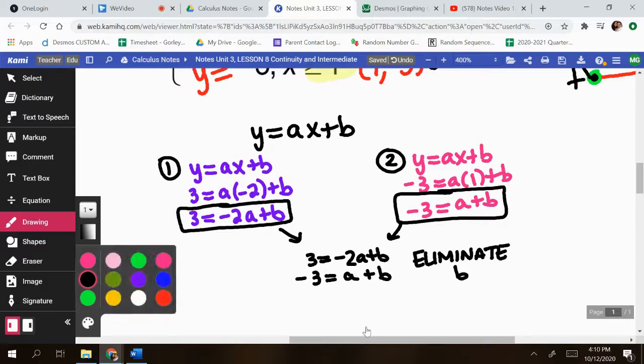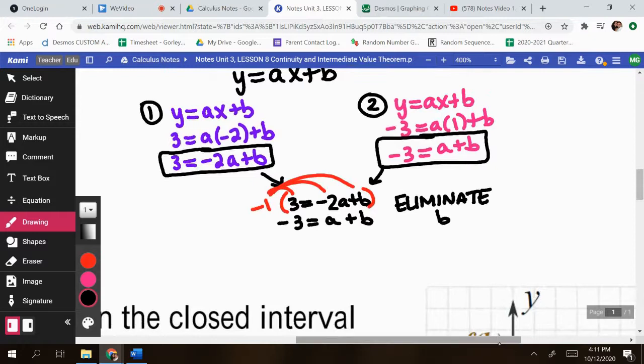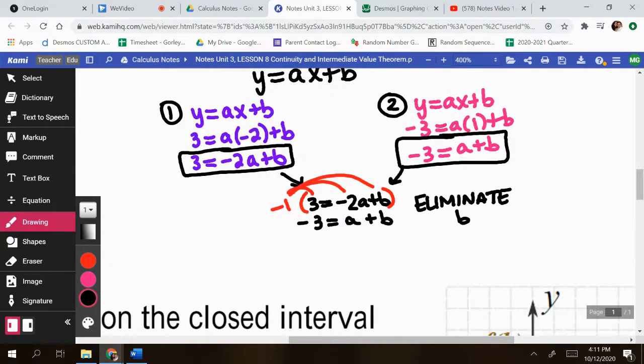All I'm going to have to do is multiply one of these equations by negative 1. Let's go ahead and just do the top one in order to get b to drop out. Okay, so this is what I would have. This would become -3 = 2a - b. And then the second equation, we're going to keep exactly the same.